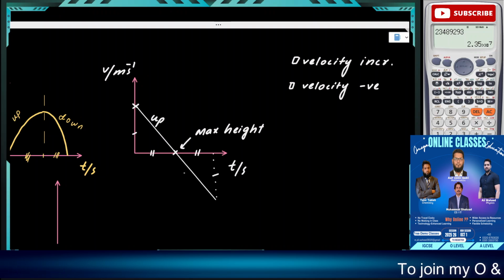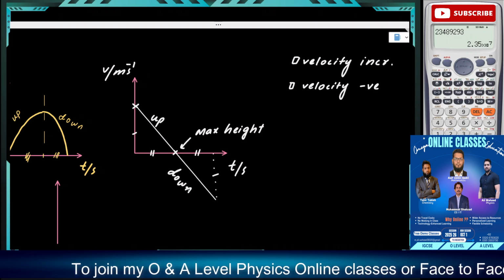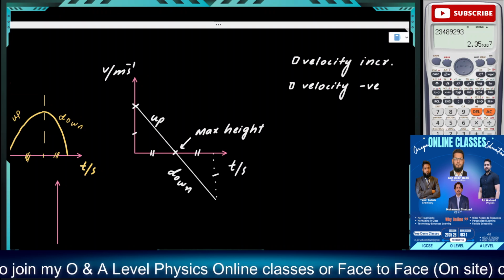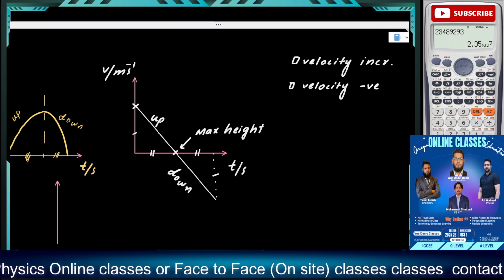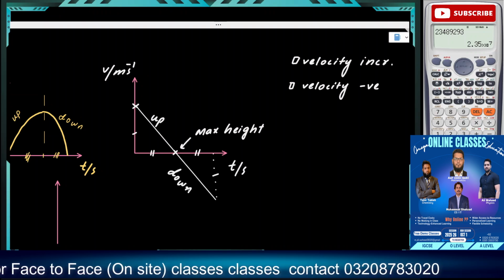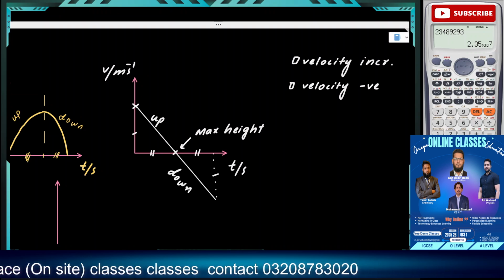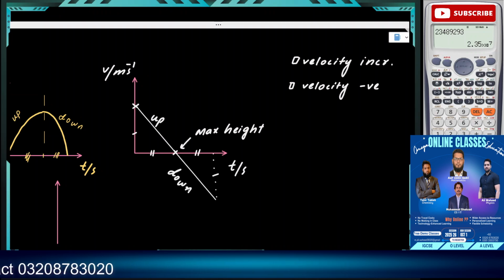What is the second part representing? This is the part when the object was falling downwards. Two changes are there. The direction of the velocity is reversed. Velocity is a vector quantity, so you need to reverse the sign. And the velocity is now increasing. So you have to increase the velocity graphically also.